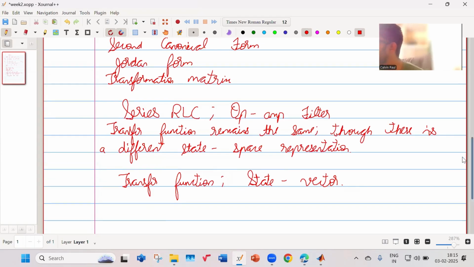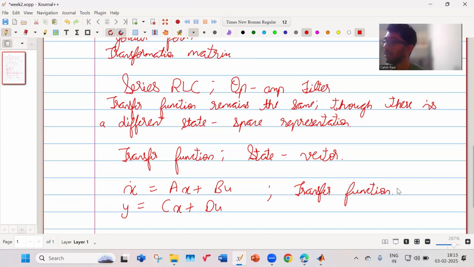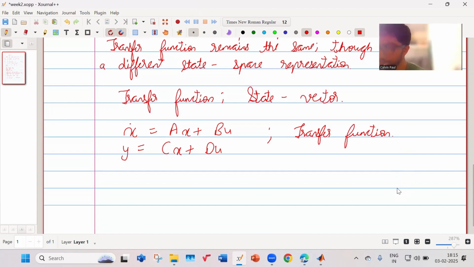this x dot is equal to ax plus bu and y equal to cx plus du into a transfer function representation? Okay, so what is done is we apply the Laplace transform.